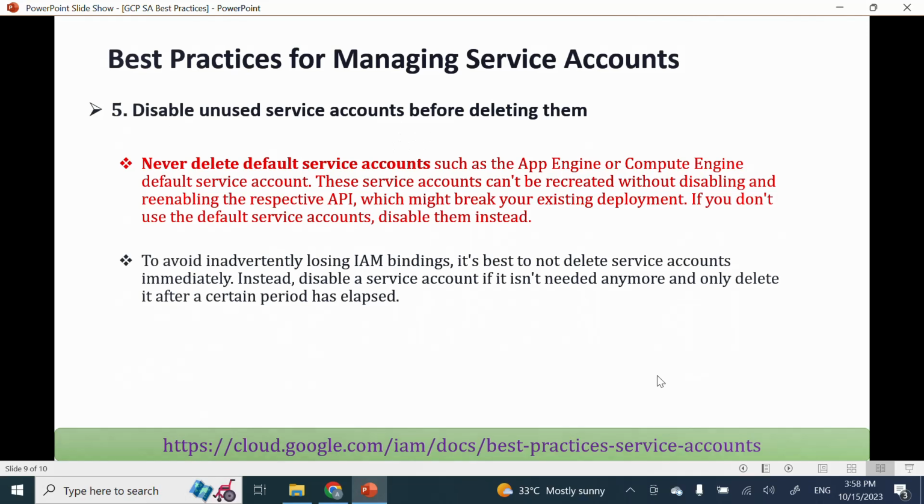So if you don't use the default service accounts, disable them instead. Do not directly delete them. It's best not to delete service accounts immediately, and instead disable a service account if it is not needed anymore, and only delete it after a certain period of time.